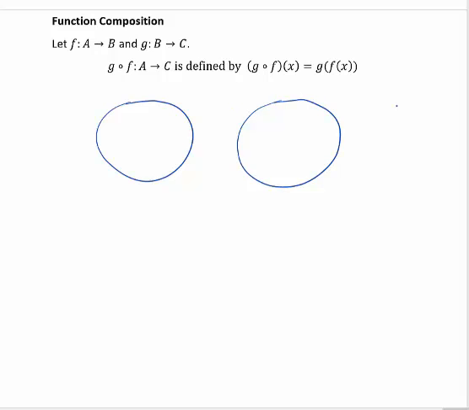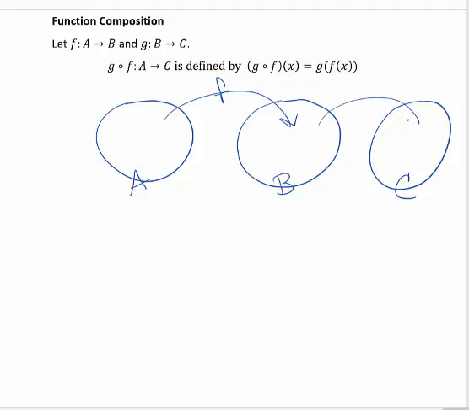Well, we need three sets, A, B, and C. This is A, B, and C. And F is a mapping from A to B. And G is a mapping from B to C. So G circle F, G composed with F, maps A to C. G circle F is another mapping, and it is defined by G composed with F of X is G of F of X.